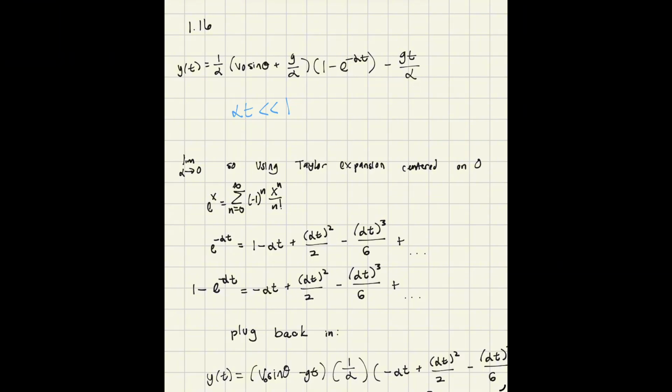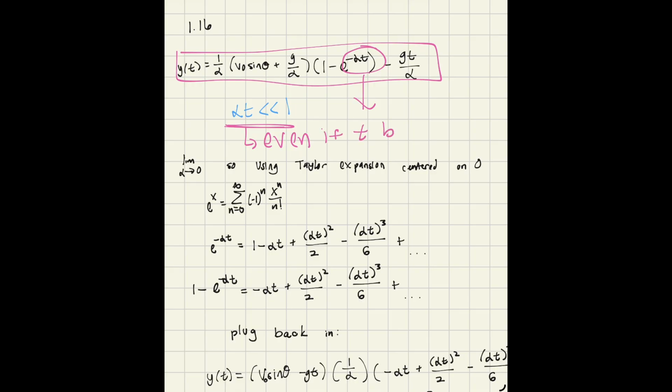When we're first analyzing our equation, we see that there is an e to the negative alpha t. What this really means for small alpha is that alpha t has to be much less than 1. Mathematically, we can also write this as the limit as alpha goes to 0.